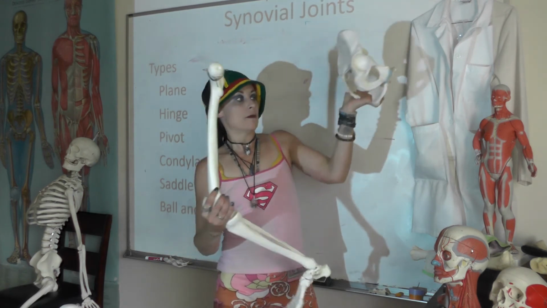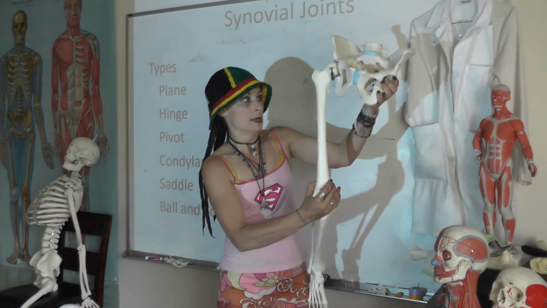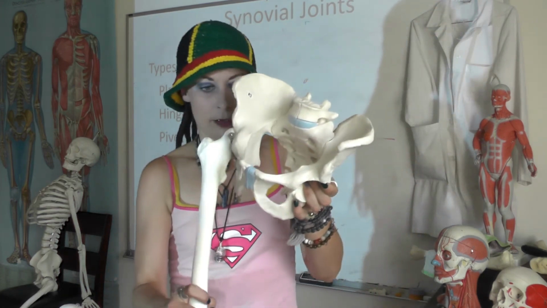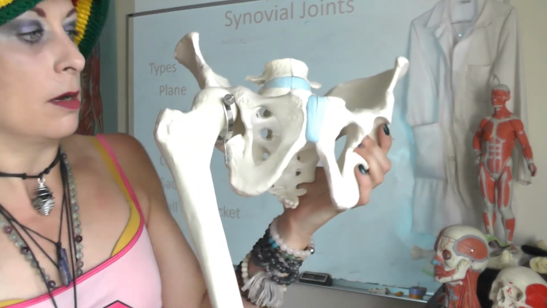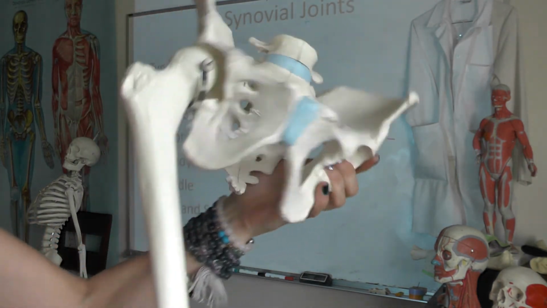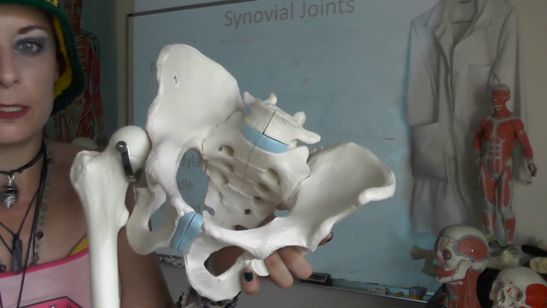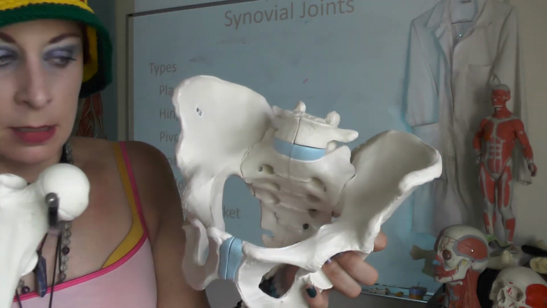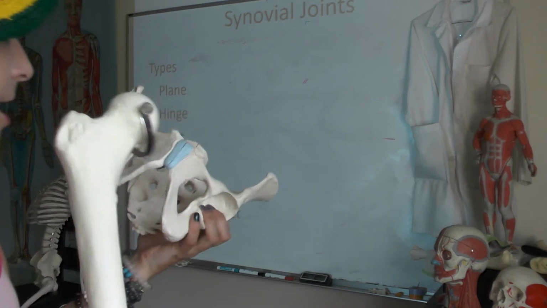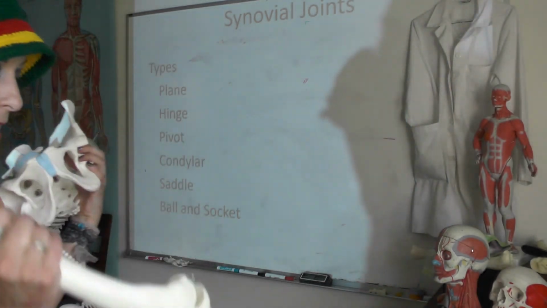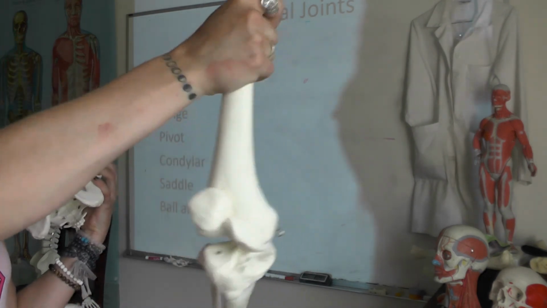You would be right. We didn't actually have to know the specific name of that joint. But if I said, what type of joint is this? Synovial, ball and socket. You do have to know some specific joints. You have to know the sacroiliac joint. What type is it? Synovial. But it's not a ball and socket. That one's plane. So just read those over in your book.